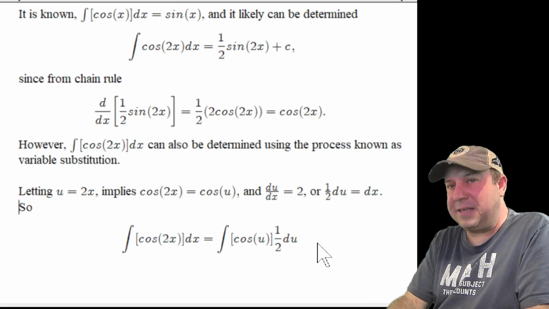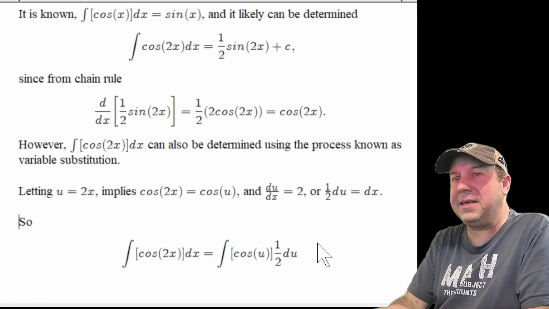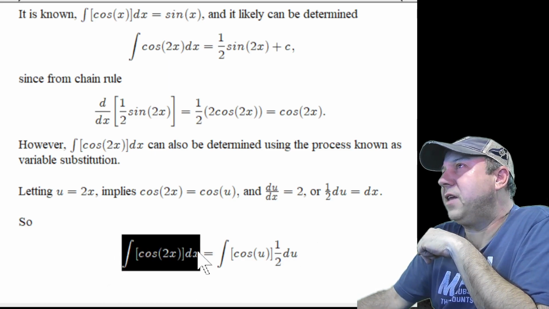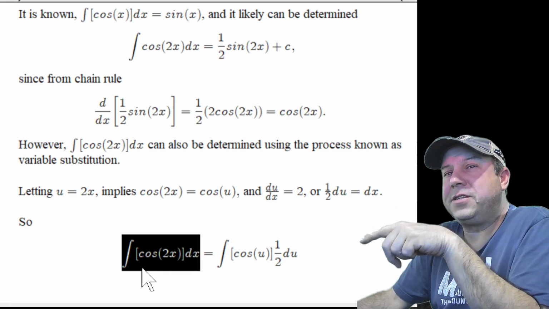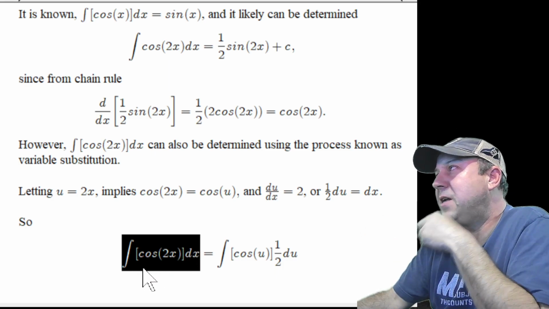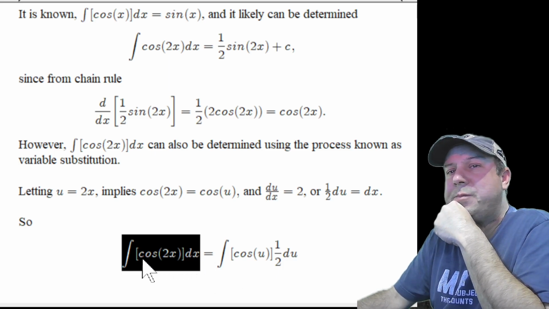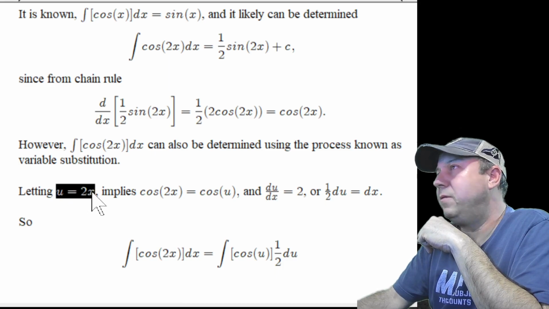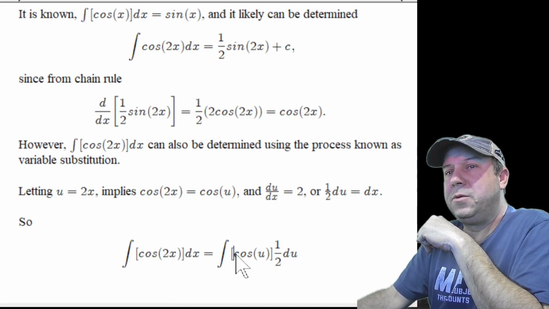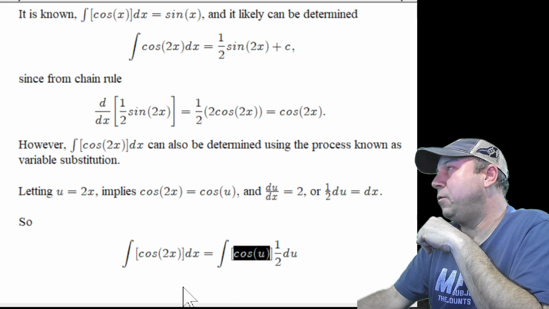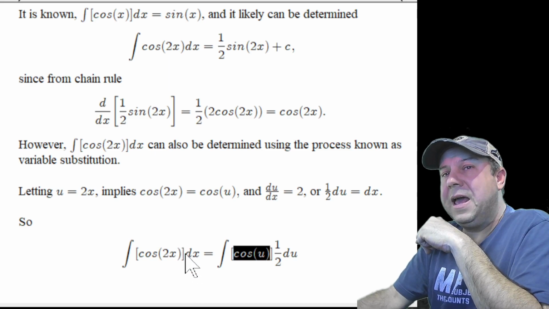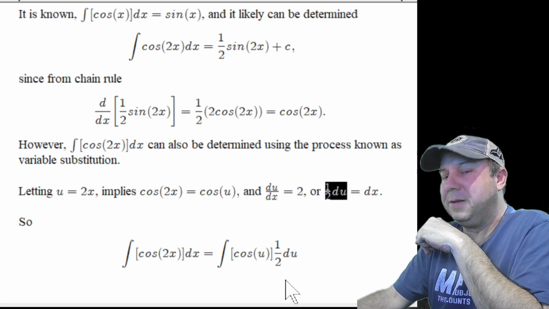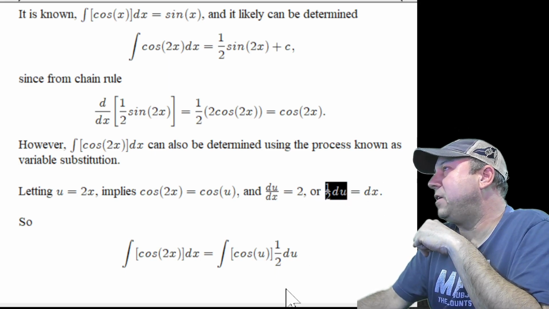With that acknowledgement, we can go back into this indefinite integral calculation for the antiderivative of the cosine of 2x. We can substitute in for the value 2x the variable u, which will make that into the cosine of u. And likewise, we can replace the dx with the statement 1/2 du.